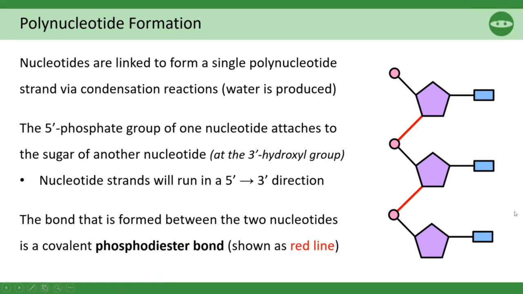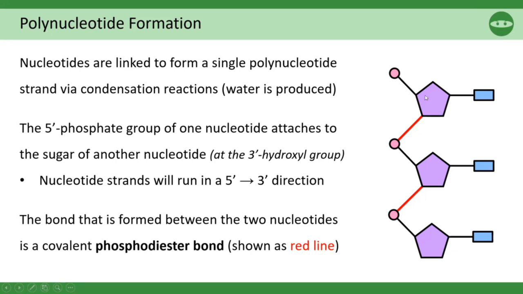Polynucleotide formation. Nucleotides are linked into single polynucleotide strands via a condensation reaction, and water is produced in this condensation reaction. It's a condensation reaction between the OH group on carbon number 3 of the sugar and the OH of the phosphate to form a phosphodiester bond, represented by a red line here and there.